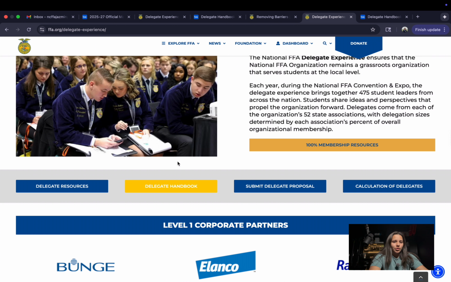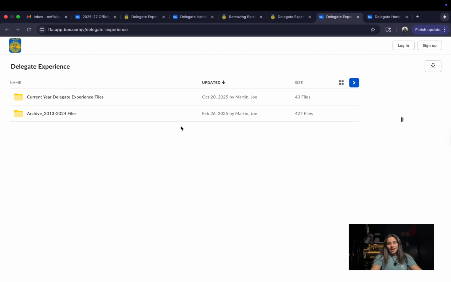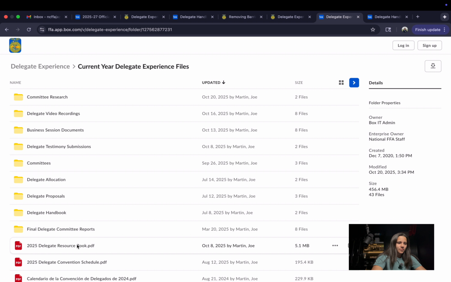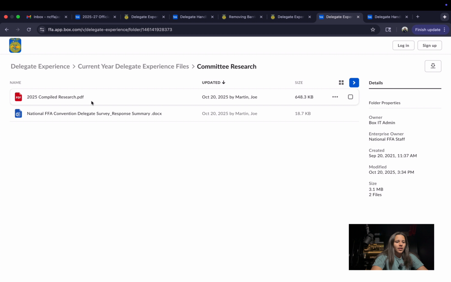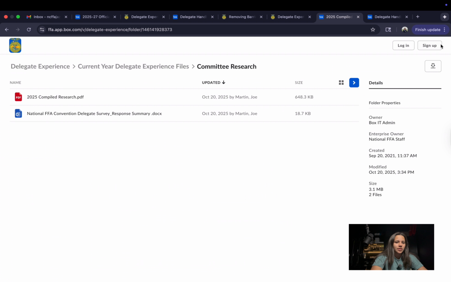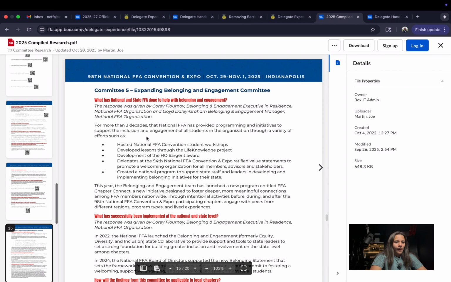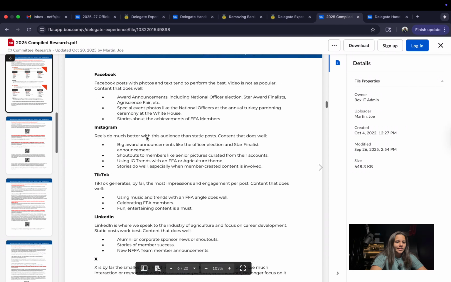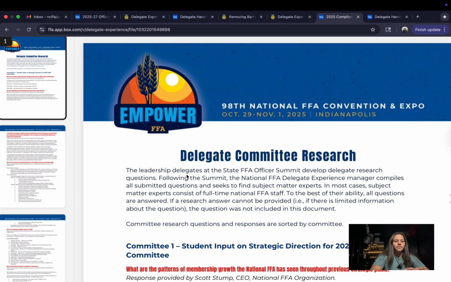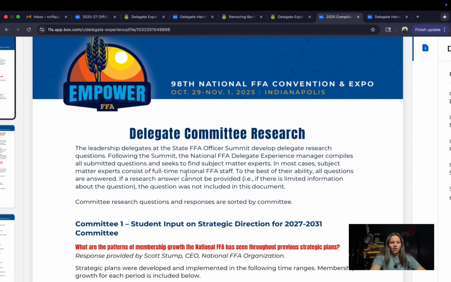But there's also the resources for this year. Mind you, everybody has access to this. Anybody can go look at these, check it out. For the current year, here are the committees compiled onto a sheet. So, let's see, the delegate committee research. We talked about initial conversations at State Officer Summit.